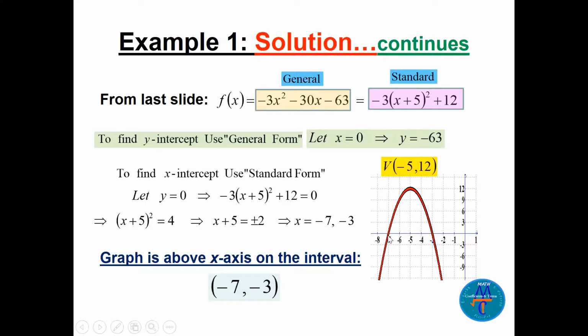So it will be minus 7 and minus 3. So where the graph is above the x is from minus 7 to minus 3, open, and that's the graph here. So nice and easy. See, the graph for sure will be reflected, shifted to the left, shifted up. See, this is the graph.